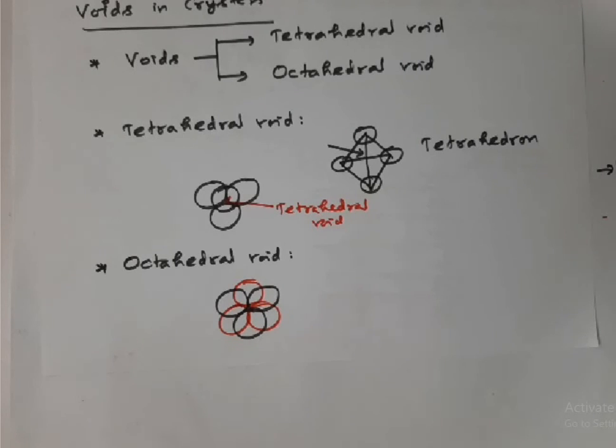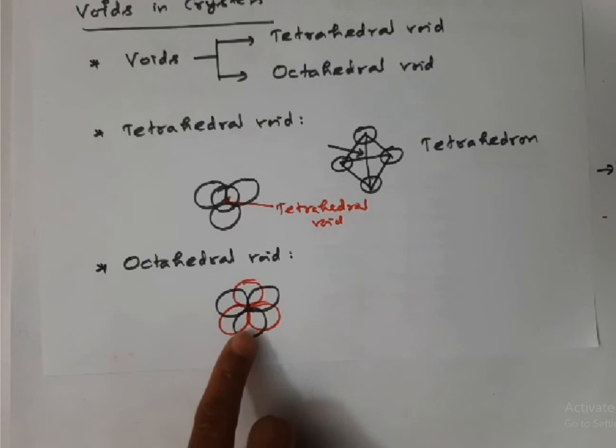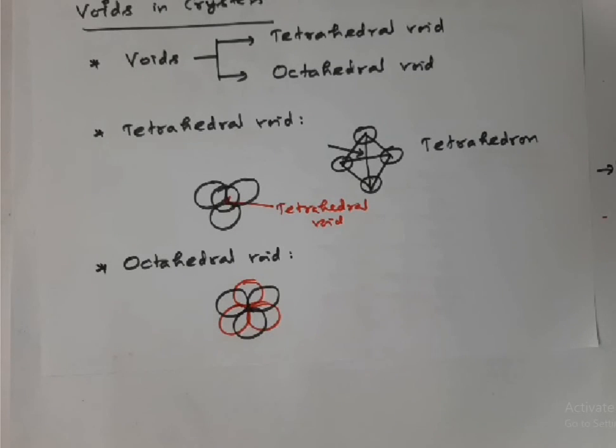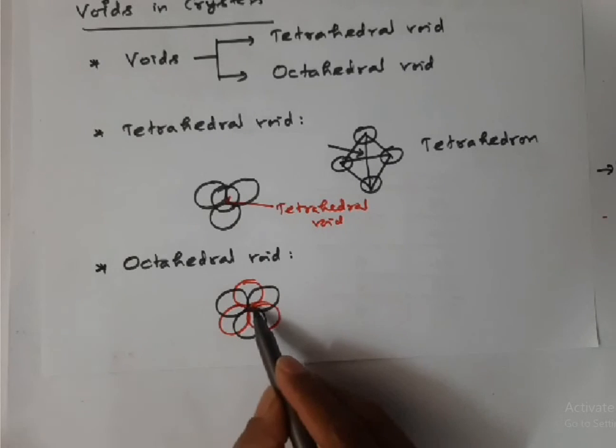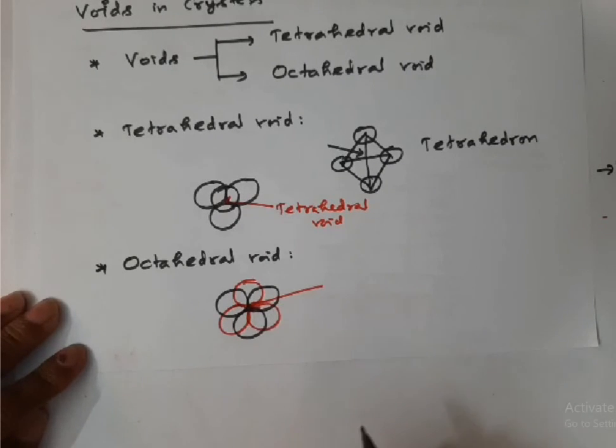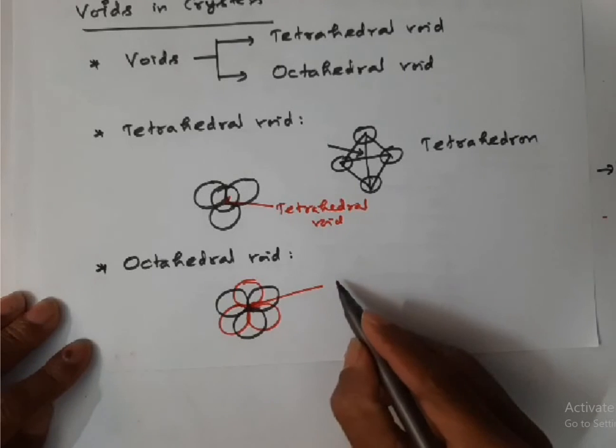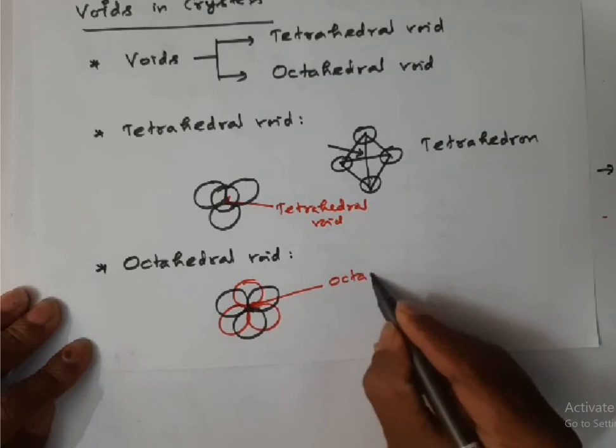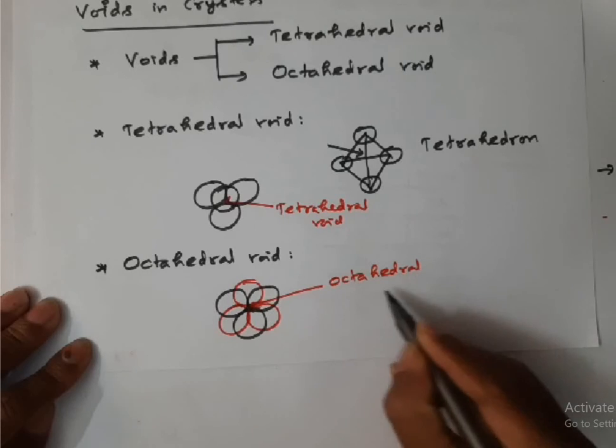Students, are you able to understand this? We have three atoms below and three atoms above. Now, the center of this space is what we call an octahedral void.